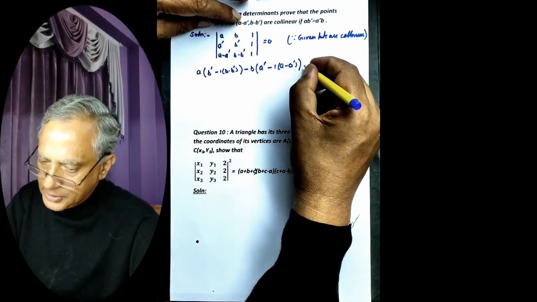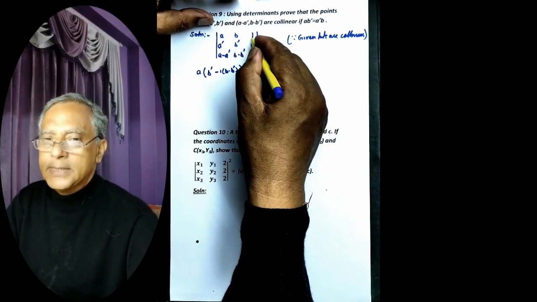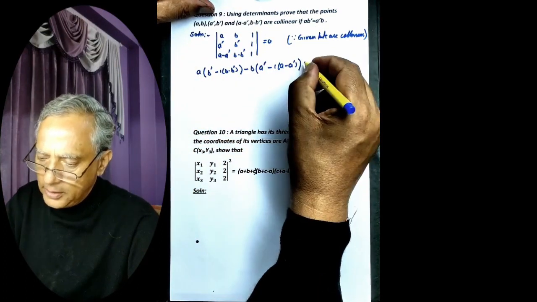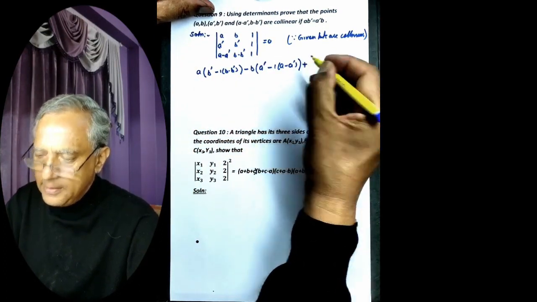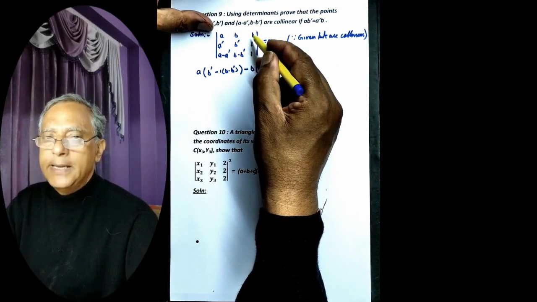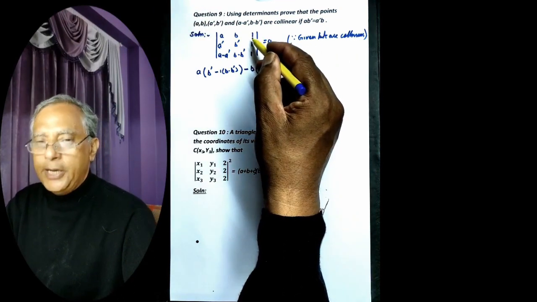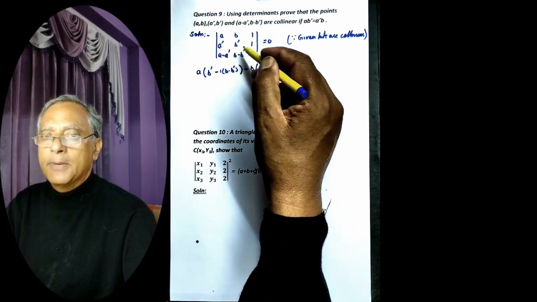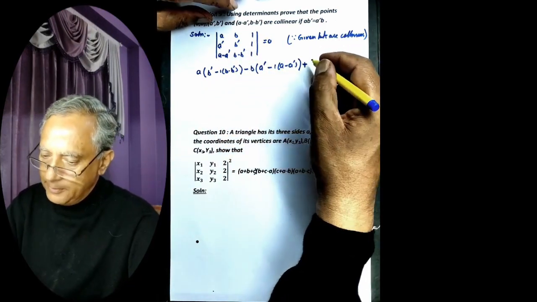And the next entry is 1. The signs alternate: this is plus, this will be negative, this will again be positive. The place of this entry is (1, 3), first row and third column. 1 plus 3 is 4, so even place.